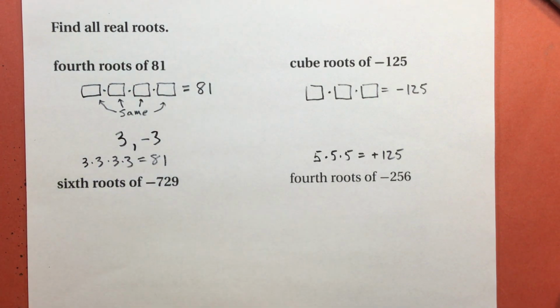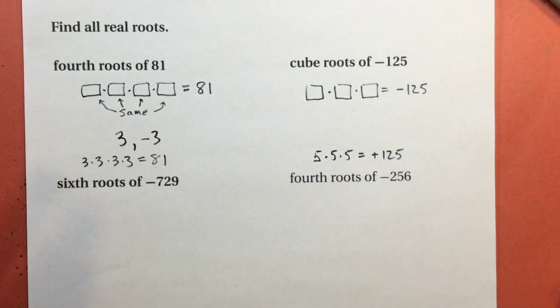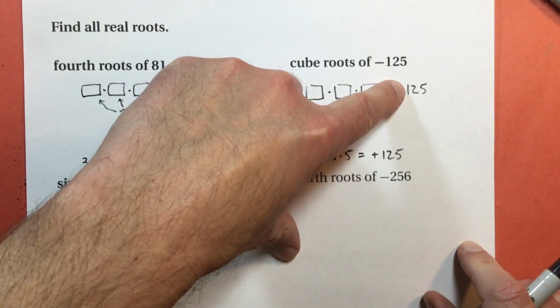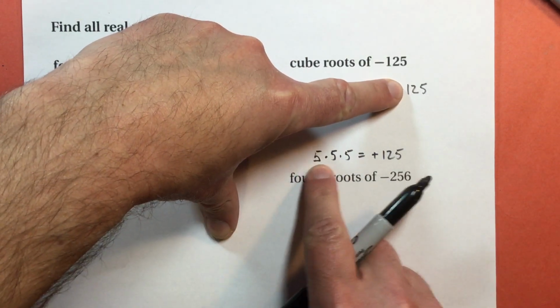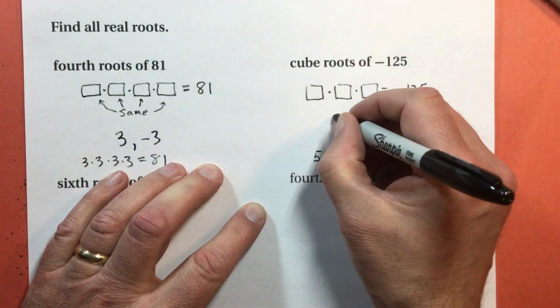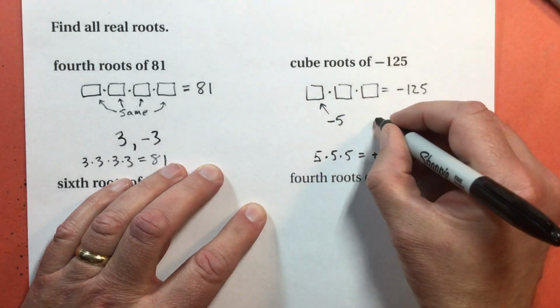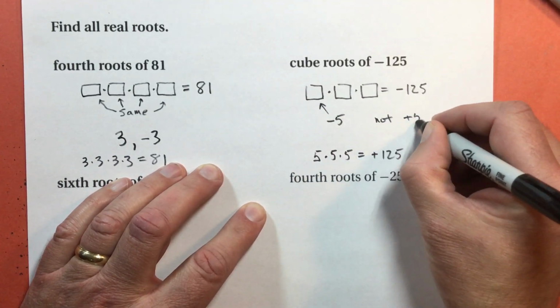If the root that I'm looking for is odd, the third root, the fifth root, 7th, 9th, 11th root, then you're only going to get one of them. If this was positive 125, my cube root would be positive 5, not negative 5. But in this case, this is going to be negative 5 and not positive 5.